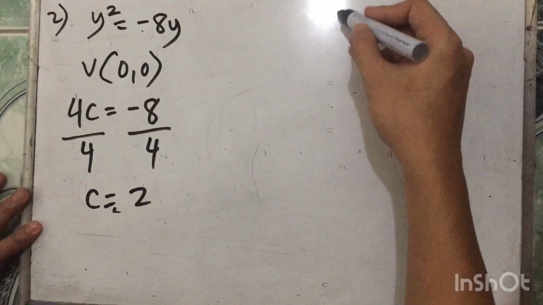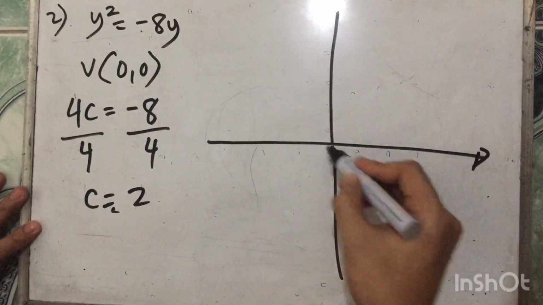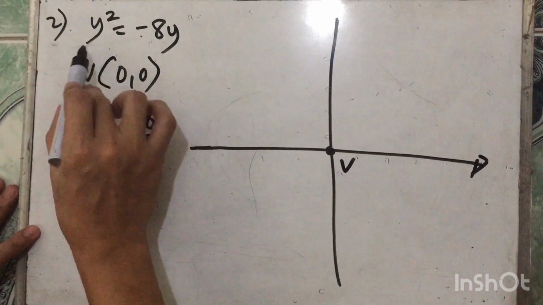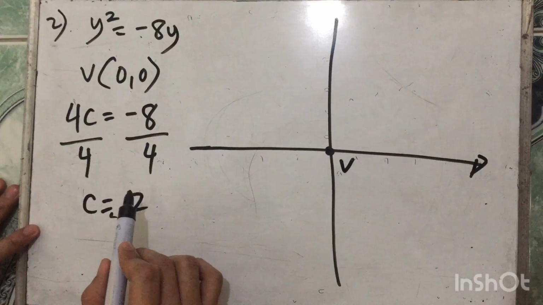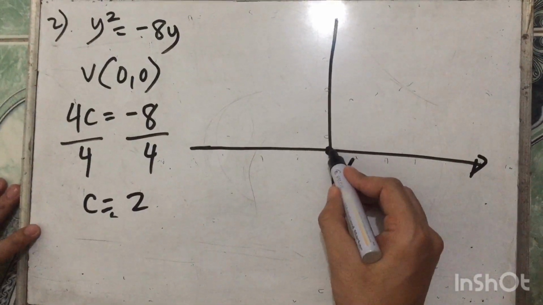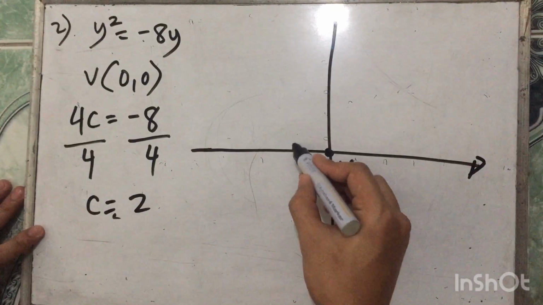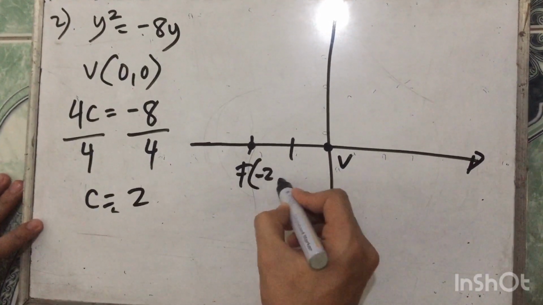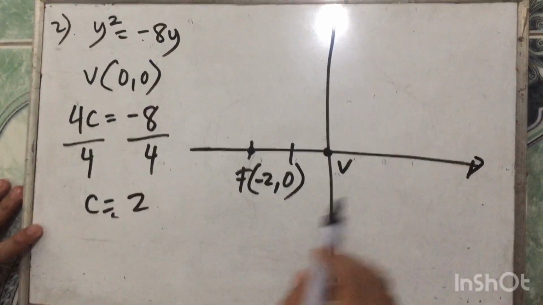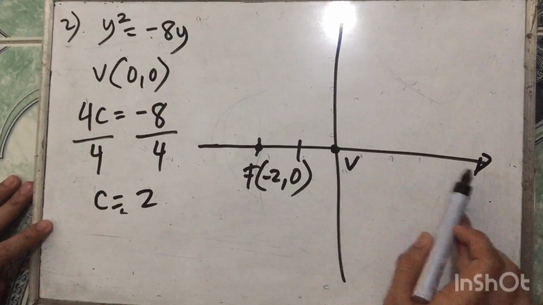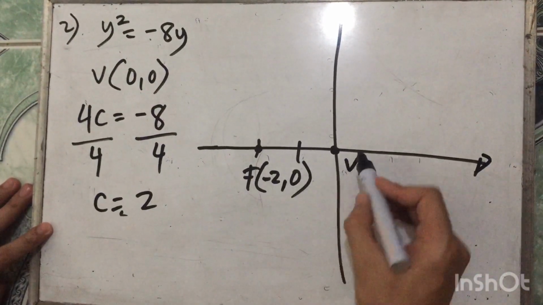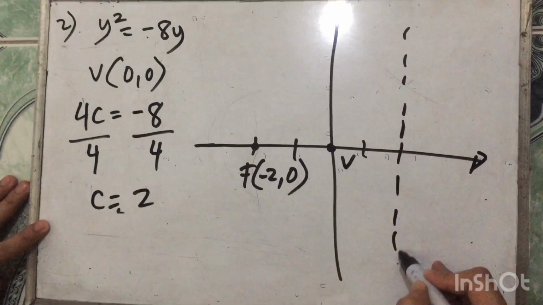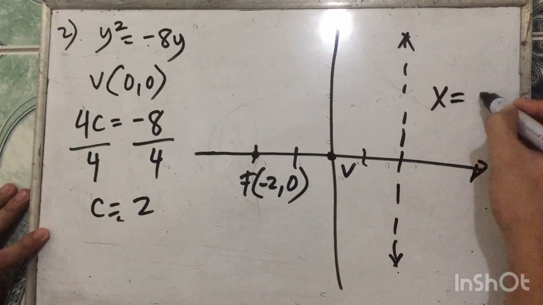So to graph, we have vertex (0, 0), and since the parabola opens to the left, from the vertex we count 2 units to the left. So 1, 2, and that is the focus. The focus is (-2, 0), and then the same number of units going to the right to determine the directrix. So 1, 2, and that is the directrix, that is x equals 2.